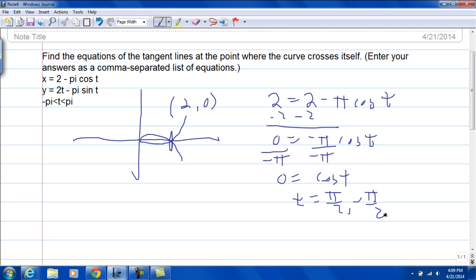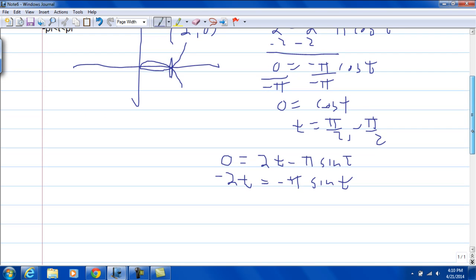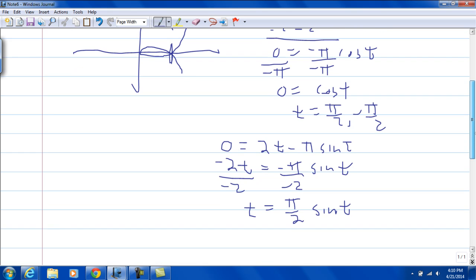Now we can check this also with the sine part. Sine part having 0 for y. 0 equals 2t minus pi sine t. So we would have negative 2t equals negative pi sine t, and divided by negative 2, t equals pi over 2 sine t. So this is kind of interesting.